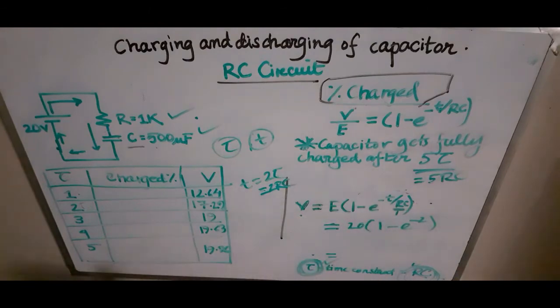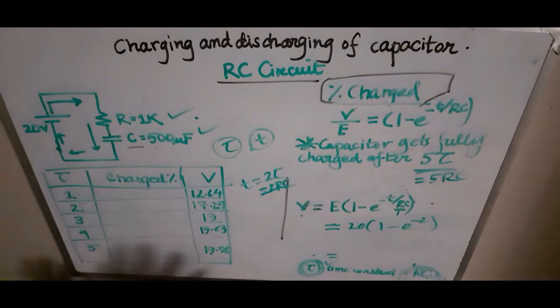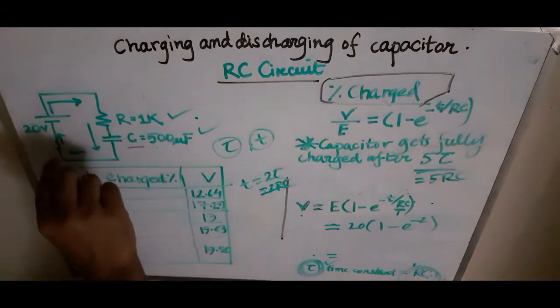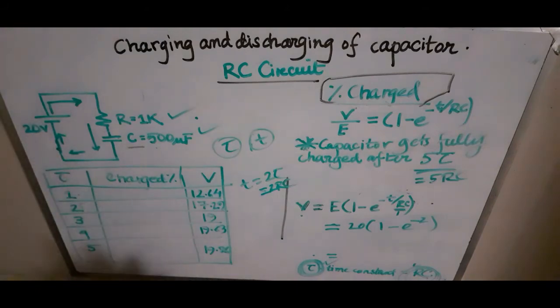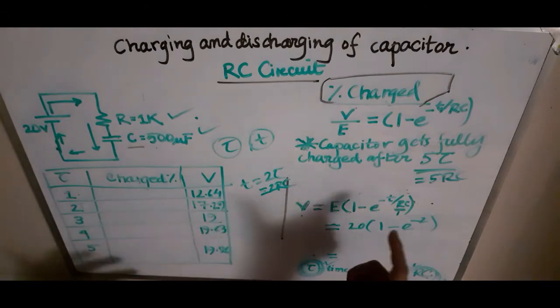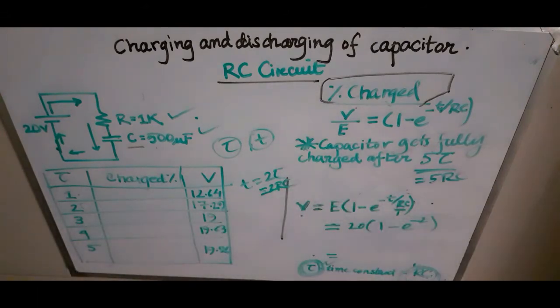So we are seeing the same thing over here as well. After 5 time constant, the voltage across the capacitor is almost equal to the battery, that is 20 volts. It's not exactly the same, but it's almost the same. So this is what we need to remember: a capacitor gets fully charged after 5 time constant.